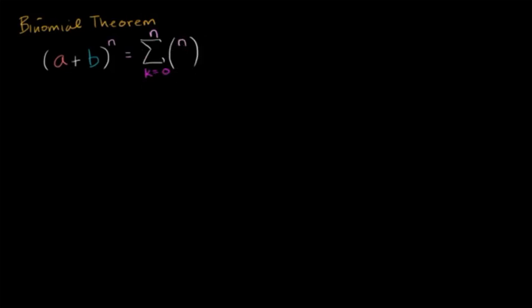N choose k, and we'll review that in a second. This comes straight out of combinatorics. N choose k times a to the n minus k times b to the k power.